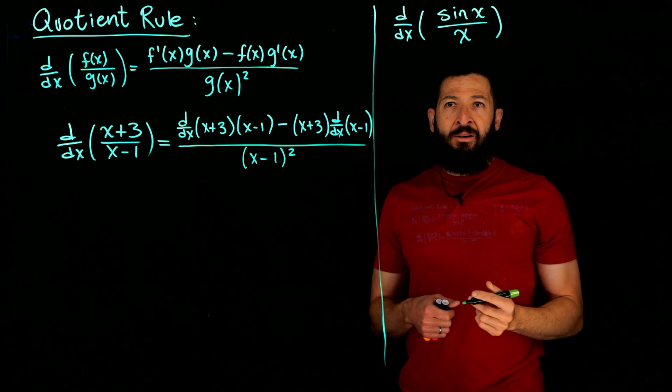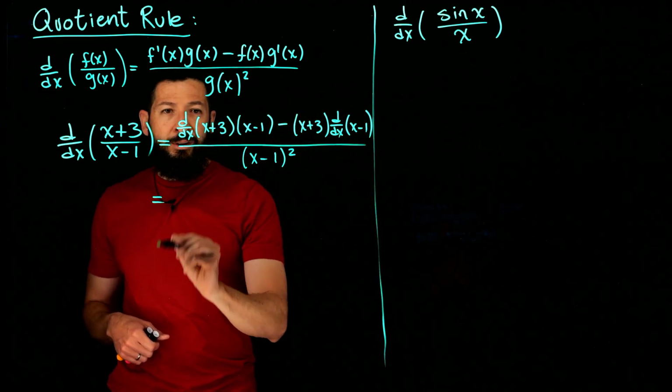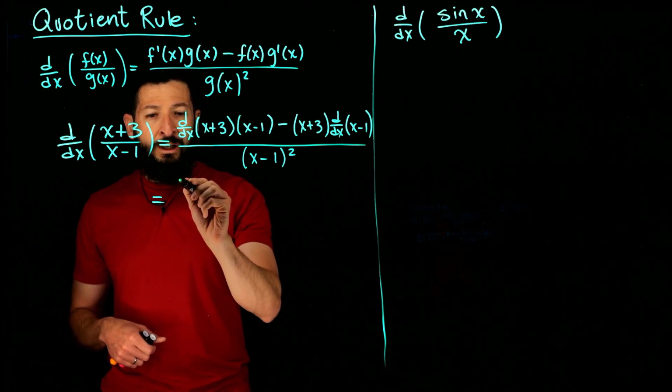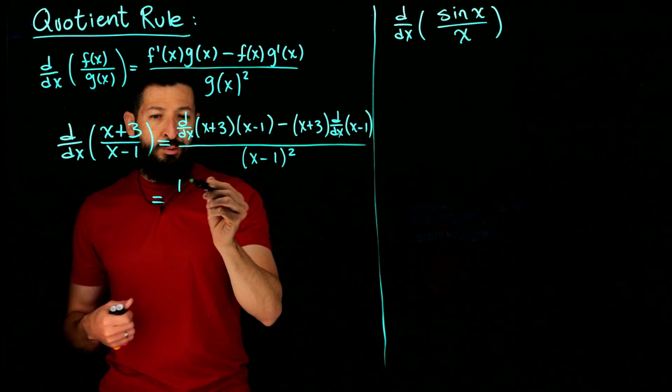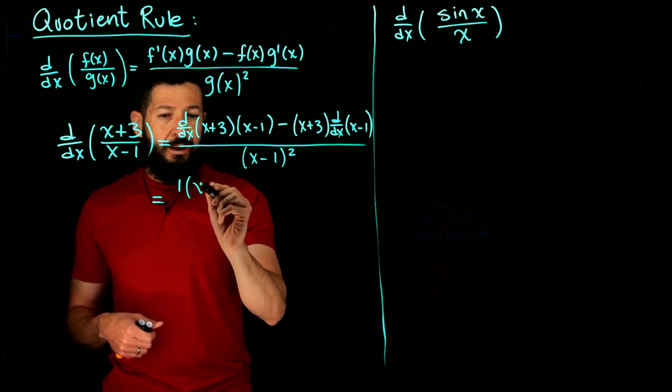So now it's just a matter of taking the derivatives and trying to simplify as much as possible. So in this case, derivative of x plus 3, derivative of x is going to be 1. Derivative of 3 is 0, so just 1 for that whole derivative, times x minus 1.